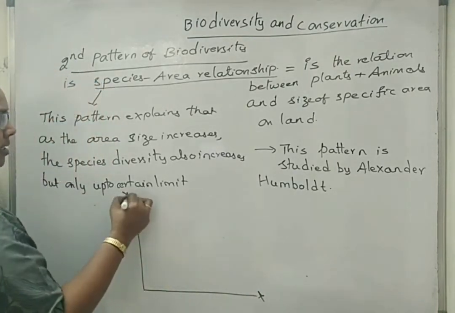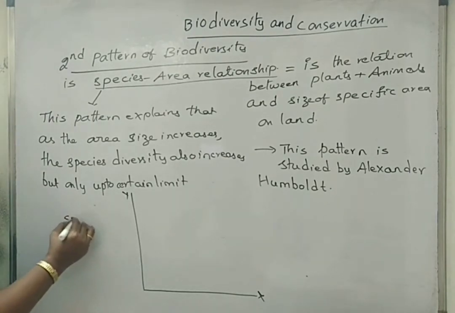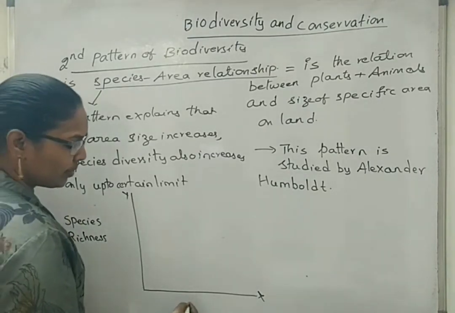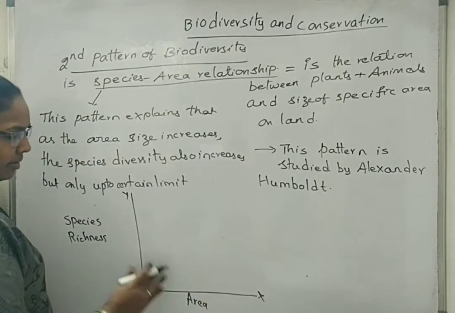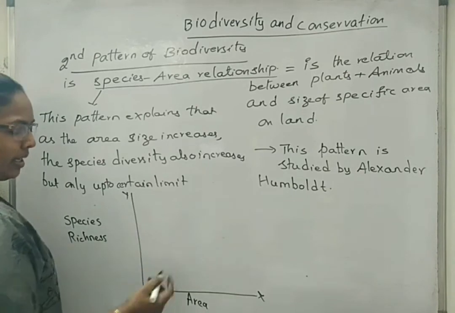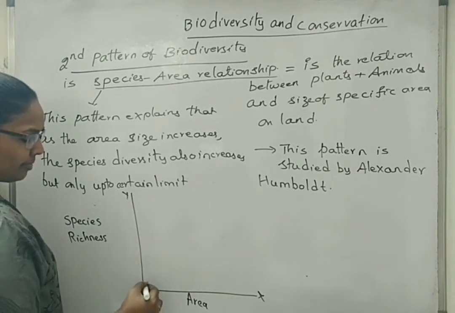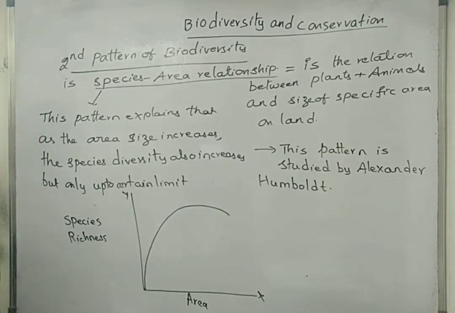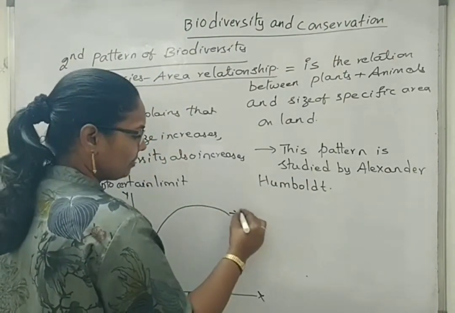Take this as x-axis and this one as y-axis. On the y-axis we take species richness, meaning species diversity, and on the x-axis we will take the area. According to him, when there is a vast area and organisms are moving, when the area is more, then the graph represented is like this, like a hyperbola.